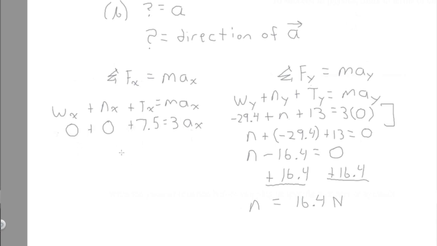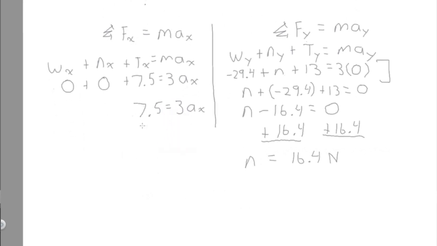And notice that this equation has one unknown. The only unknown in this equation is a sub x, so we're in good position to solve this equation for the unknown. We can simplify the left-hand side a bit to get 7.5 equals 3 a sub x. Now that equation is easy to solve.